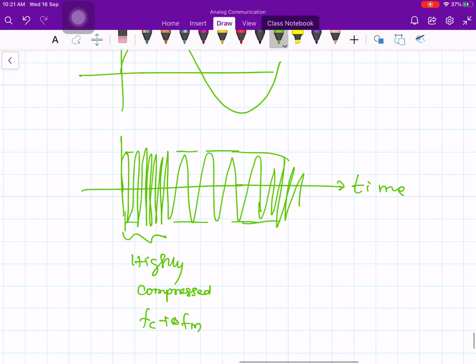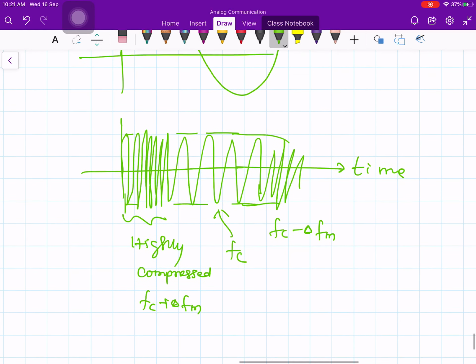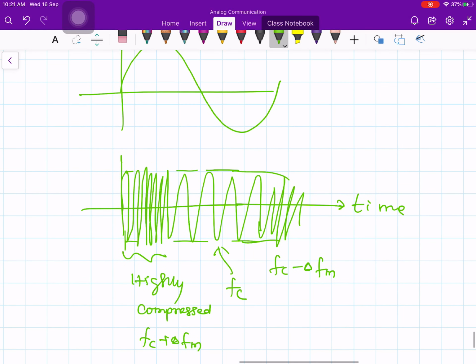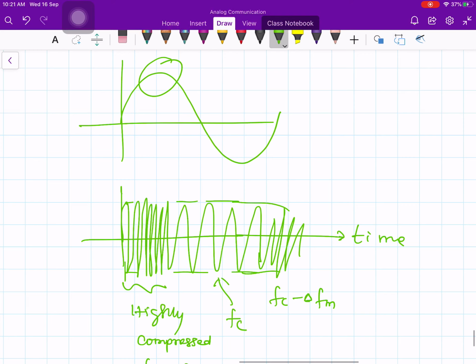At some point, if there is no modulation, then it will be fc. And at some point, it will be sparsely spaced, fc minus delta f. When the instantaneous frequency was large, this is the maximum amplitude, it is highly compressed. At some other points, the signal was much more sparse.